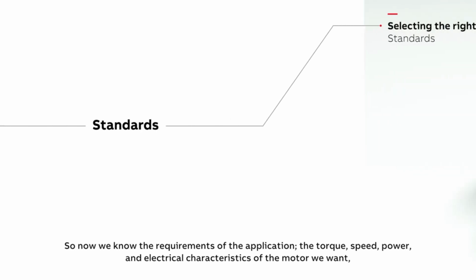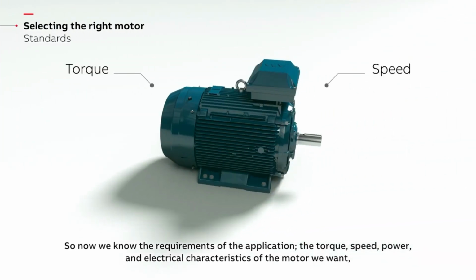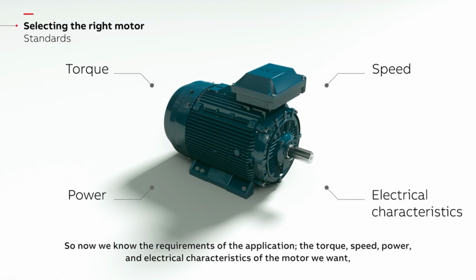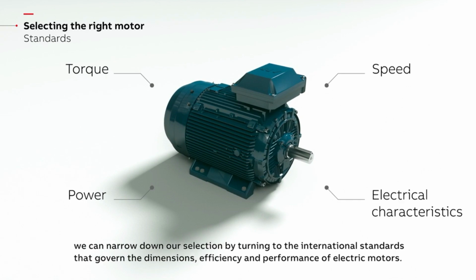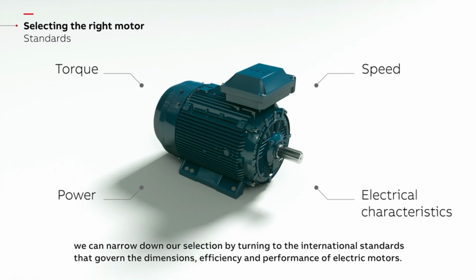So now we know the requirements of the application, the torque, speed, power, and electrical characteristics of the motor we want, we can narrow down our selection by turning to the international standards that govern the dimensions, efficiency, and performance of electric motors.